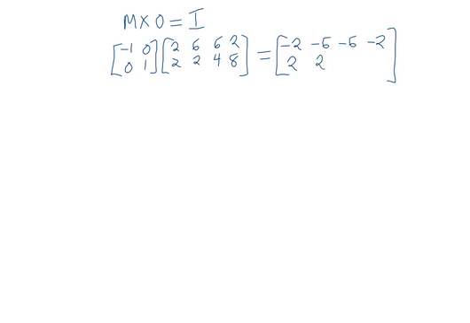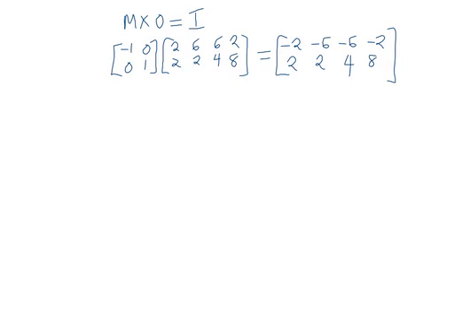Second row, third column, 0 multiplied by 6 which is 0 plus 1 multiplied by 4 which is 4. And lastly, the second row by the fourth column which is 0 multiplied by 2 to give us 0 plus 1 multiplied by 8 which is 8.